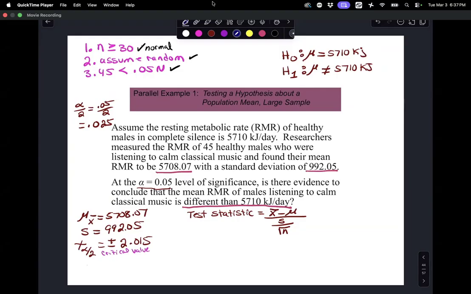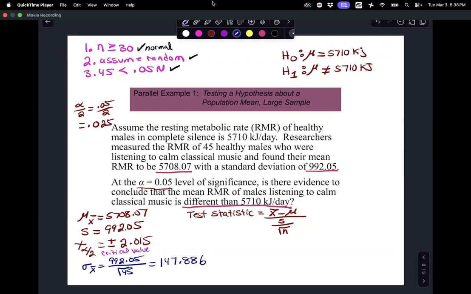So my sigma sub x bar is going to be standard deviation 992.05 divided by the square root of 45. And I'm going to round a little bit farther. So it's 147.886. I'll go that far. So that's my standard deviation.